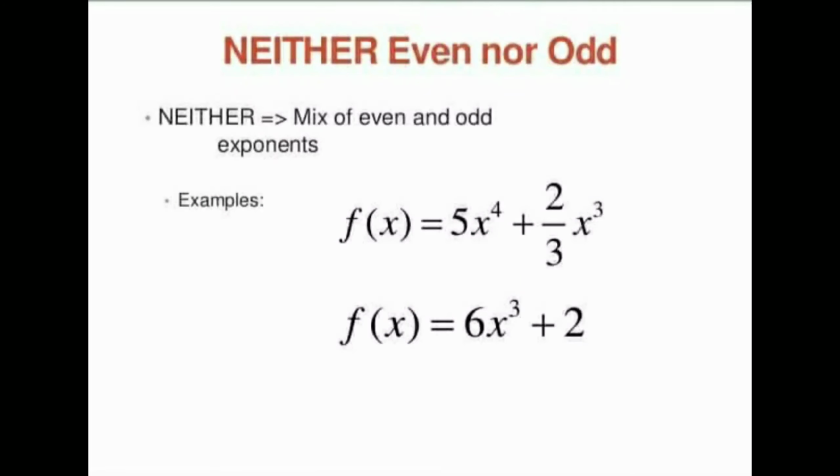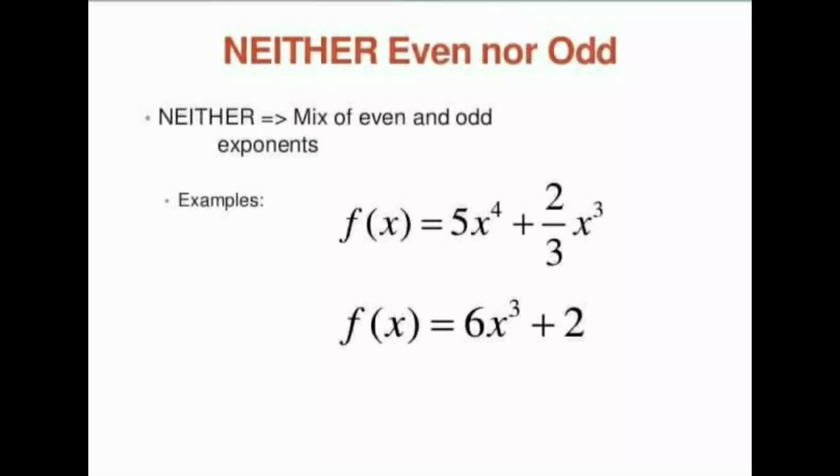Next, by observation, how to say whether the function is even or odd. First we know a function can be expressed uniquely as the sum of an even and an odd function. Here are two examples: f(x) is x to the power 4 plus 2 upon 3 x to the power 3.